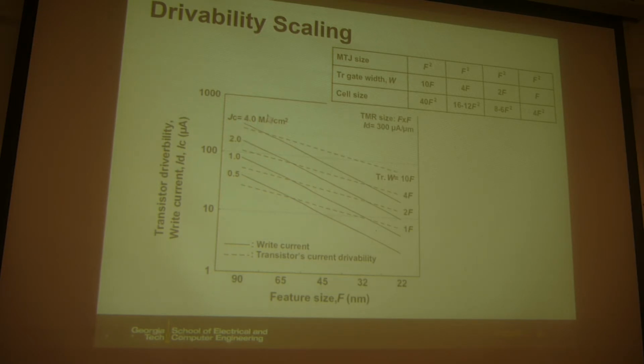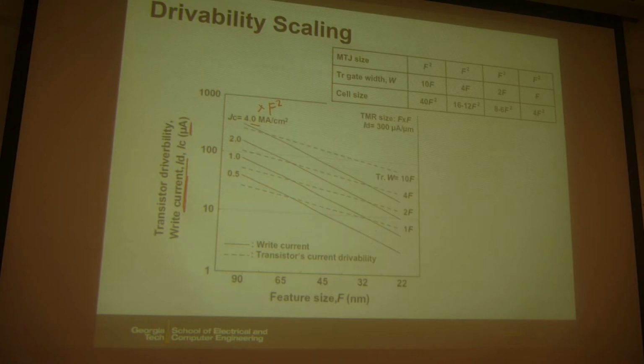Let's say the critical current density to write, JC, is 4 mega amp per centimeter square, and this is the feature size F. You use this density, which is the current per unit area, and multiply by the area depending on the technology node, F squared. You get the actual current in units of microamps.